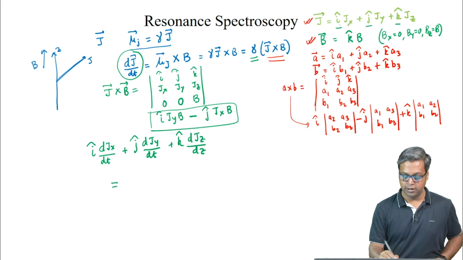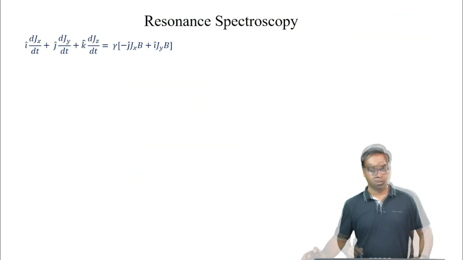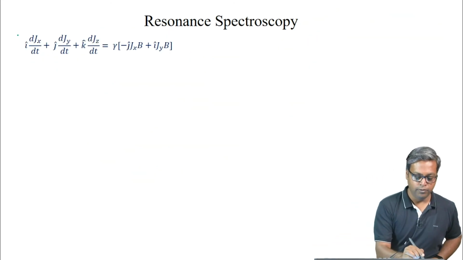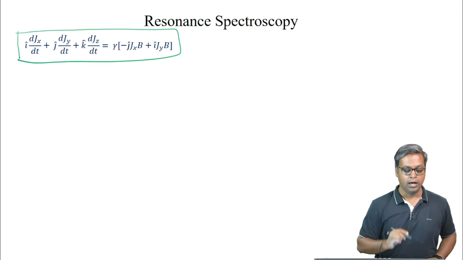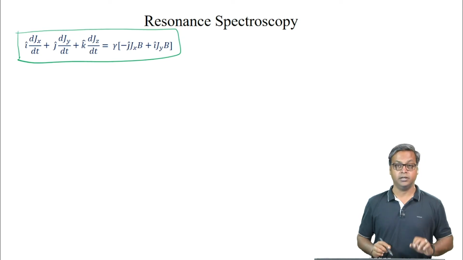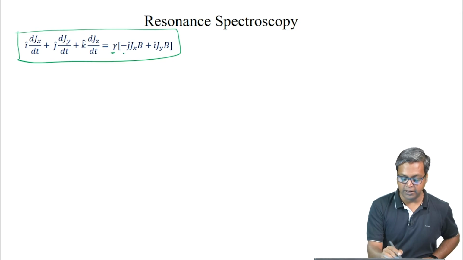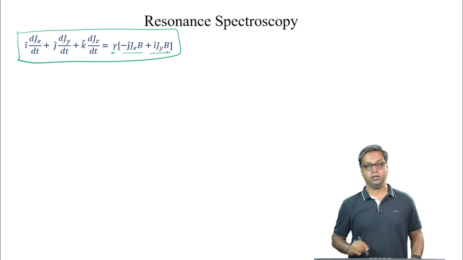So, this equals gamma times (minus j J_x B plus i J_y B).